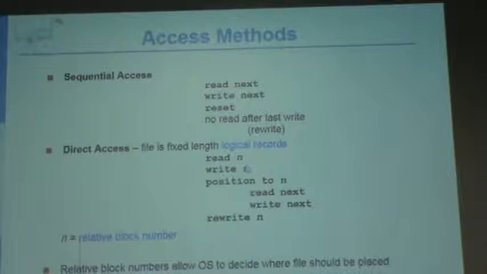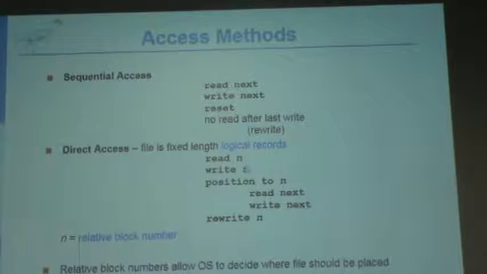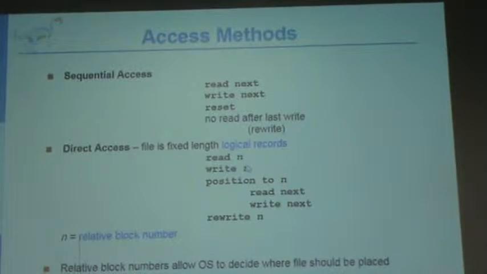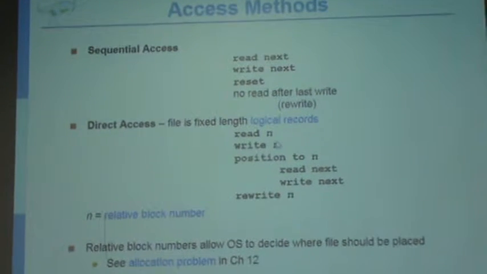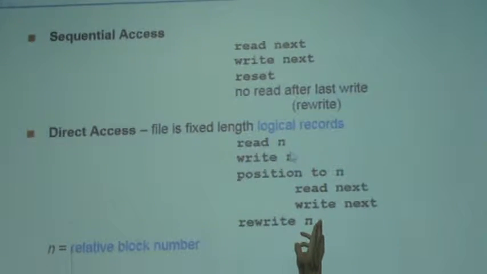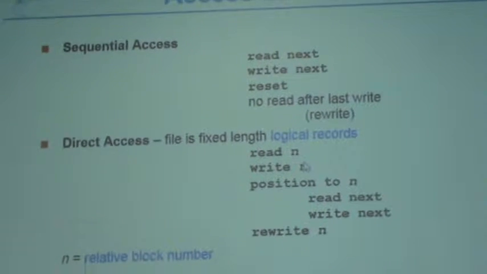So this is sequential access: read next and write next. But direct access, random access, requires the location of the information and the position, then read next.